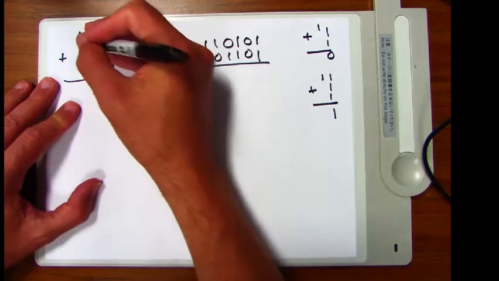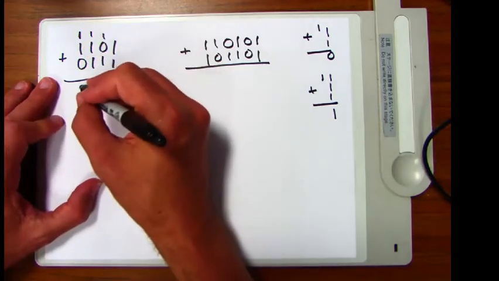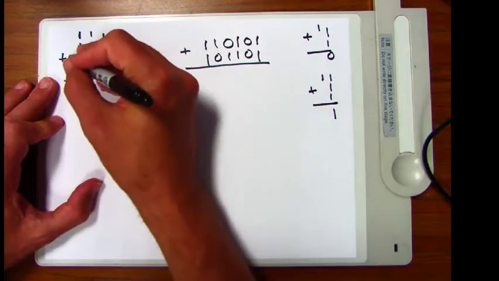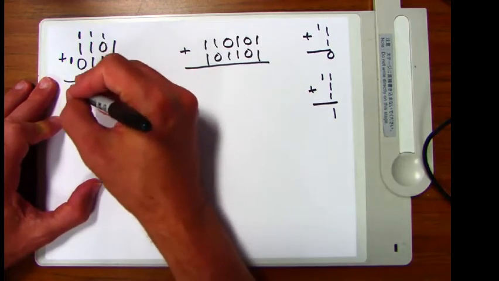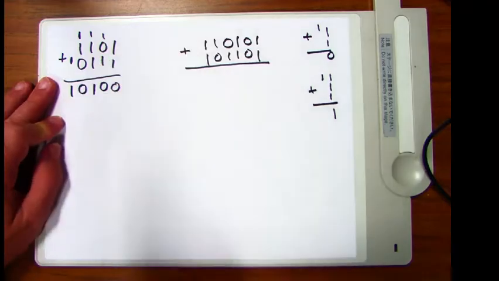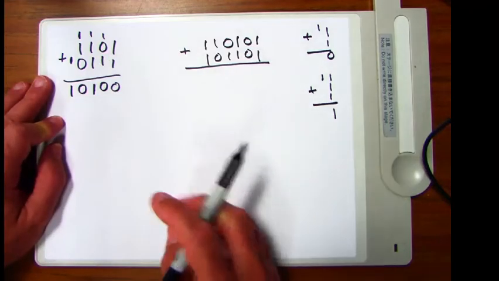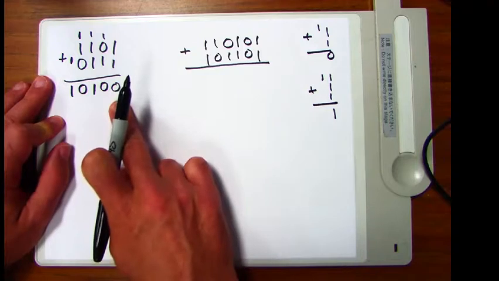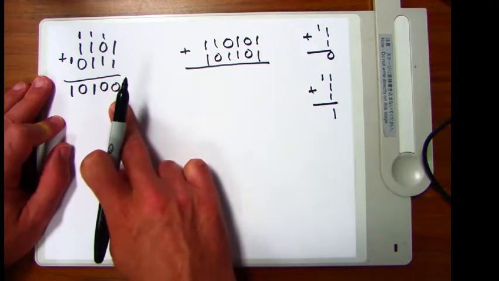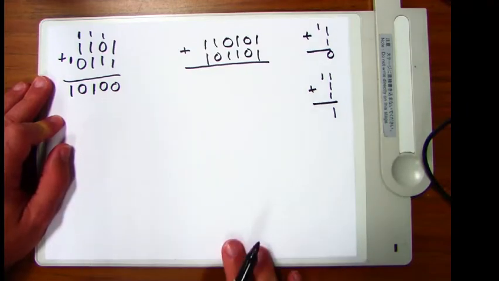And then what's 1 plus 1? That is a 2 in binary, which is a 0, carry the 1, except that we've run out of digits. There's nothing to add that to, so we just bring it down, exactly like we were adding in base 10. So that's our final result there: 1, 0, 1, 0, 0.